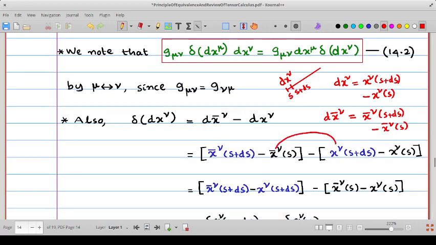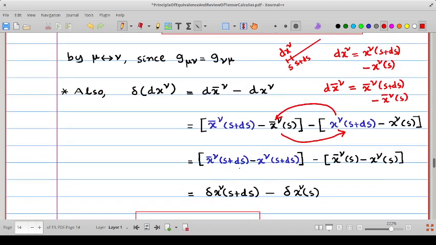Now I take this to this place, and this inside this. So that becomes x bar nu at s plus ds minus x nu at s plus ds, minus, this is going to the other side and it goes with a negative sign. So taking an overall negative outside, I have x bar nu at s minus x nu at s.